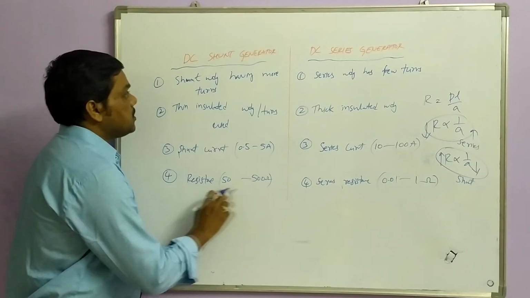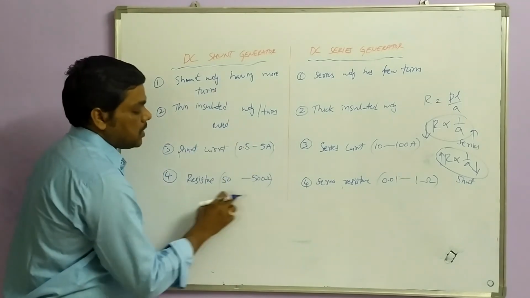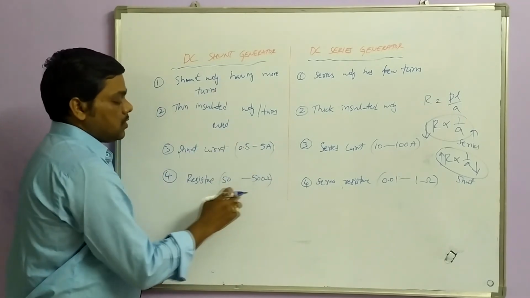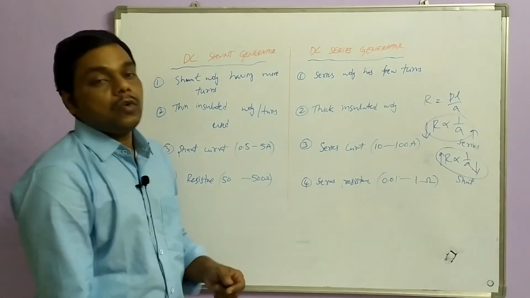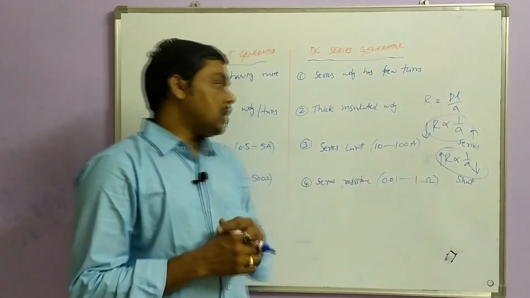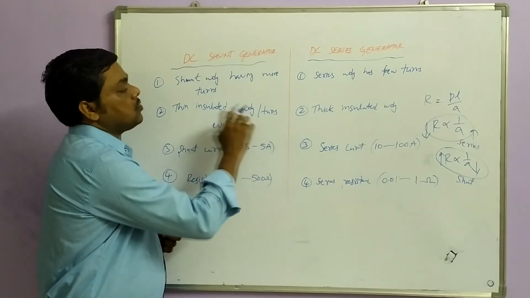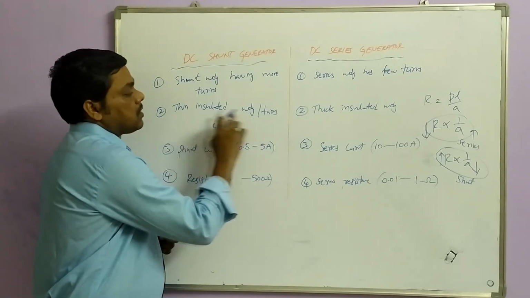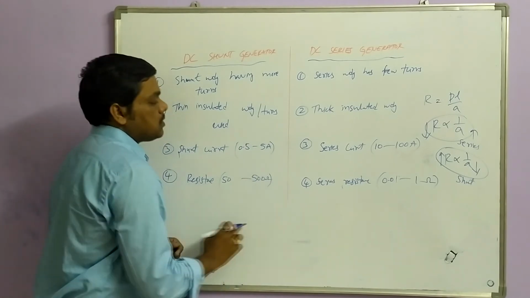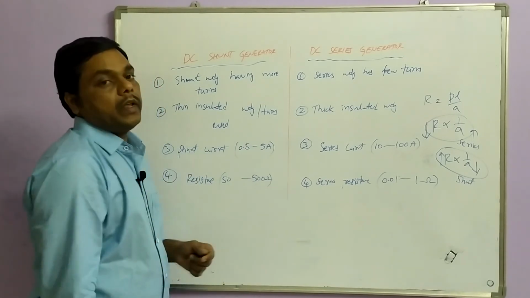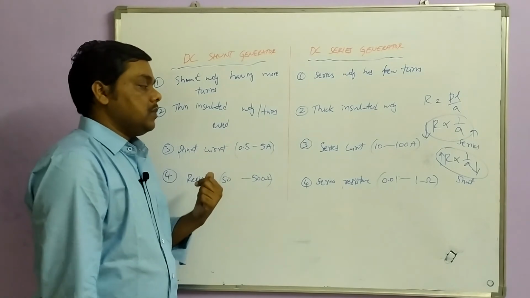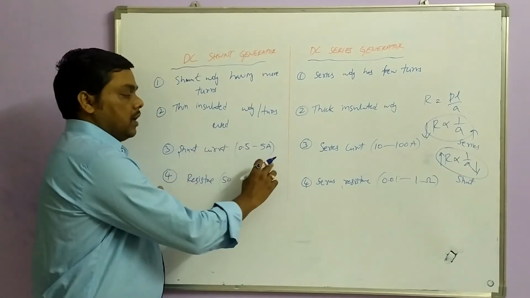And the resistance of a DC shunt generator is very high, in the range of 50 to 500 ohms. So why is it very high? Because we are using very thin insulated winding with less cross sectional area, so the resistance of the shunt field winding is very high and the current is very less.